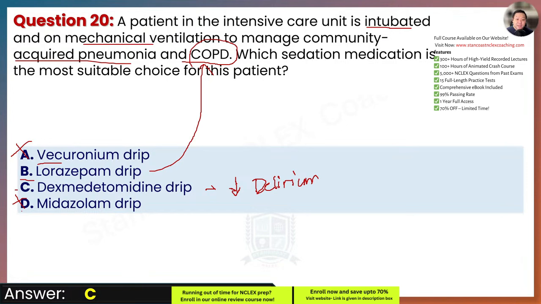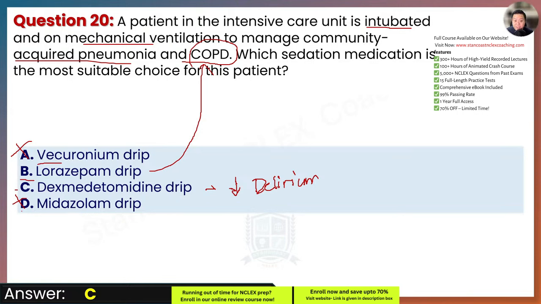So, the strategy for you to answer this question correctly, you got to look back into the clues that I just pointed out. The key is sedation that avoids respiratory depression. And there's no better choice than the dexmedetomidine drip, which provides just enough sedation without suppressing the breathing.